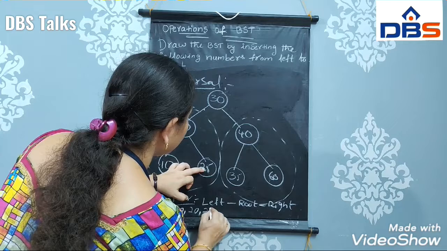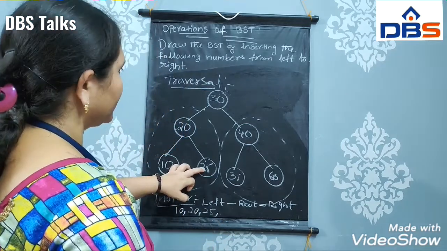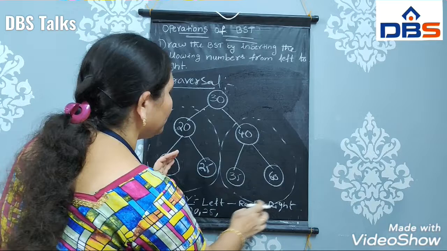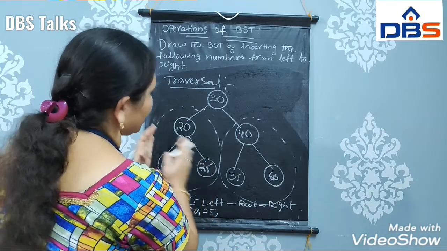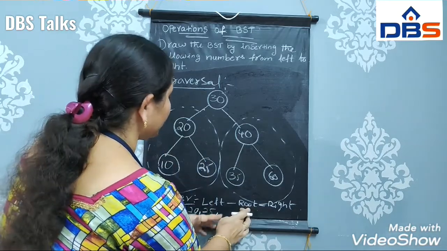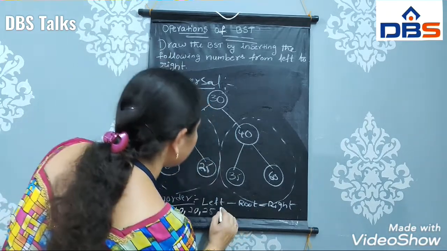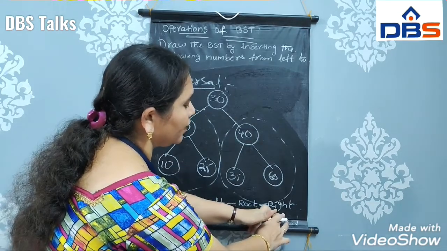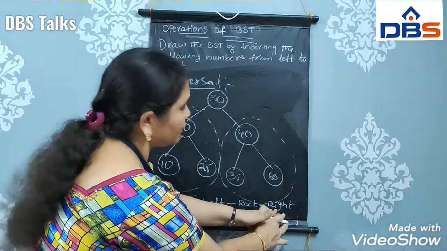Right is 25. We apply this left, root, right on this particular subtree. Then again the root is 30.